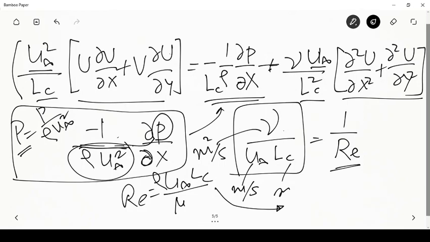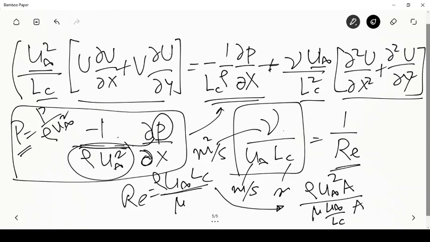So what we will see is that this can be rewritten as rho u infinity squared divided by mu u infinity divided by Lc. Okay, so what have I written there now? This rho u infinity squared, suppose I multiply and divide by the flow area.